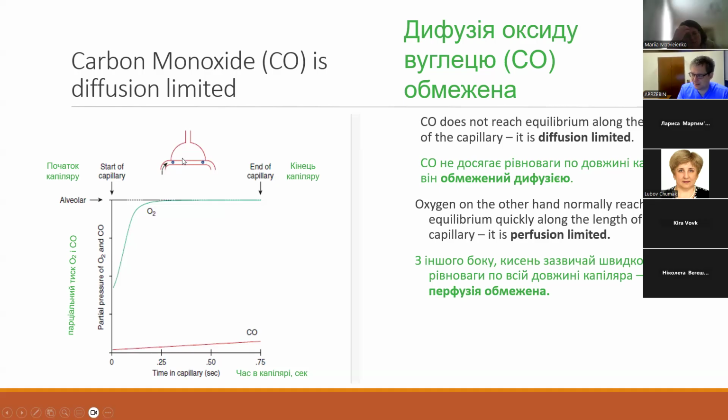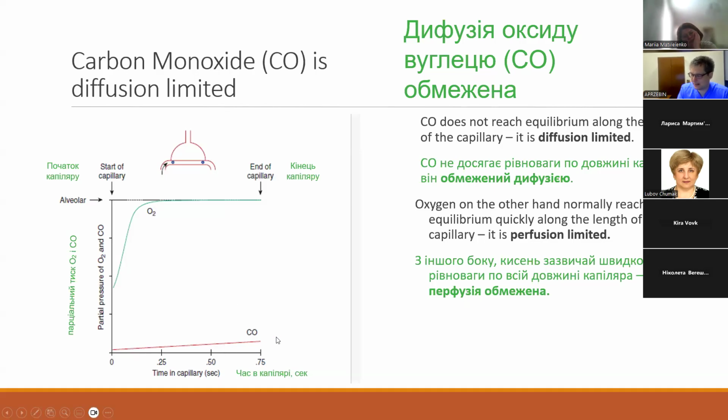This is excess that can be used if you're exercising or something like that. So oxygen is because of this called perfusion limited. Carbon monoxide, on the other hand, does not reach an equilibrium along this part here. It just slowly rises over time, and it is diffusion limited, therefore.